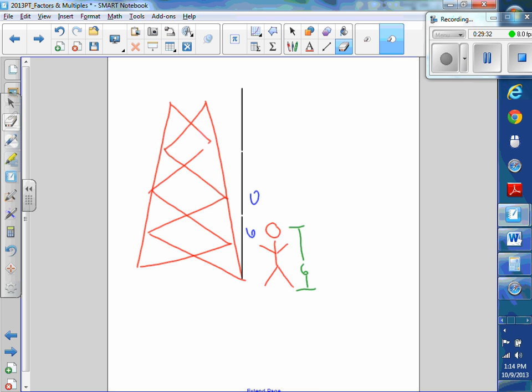Now, do you need a ruler? No, right? I just did this like 10 times without a ruler. What would you do, Grant? Well, if you knew this was 6 feet, what would you do? Yeah, you would just stack it.